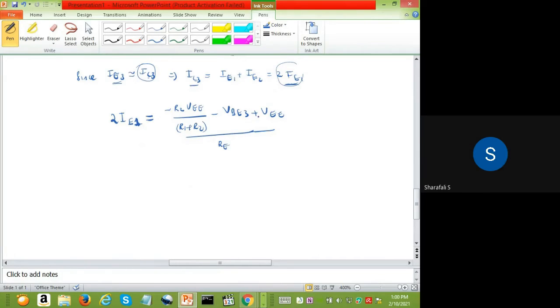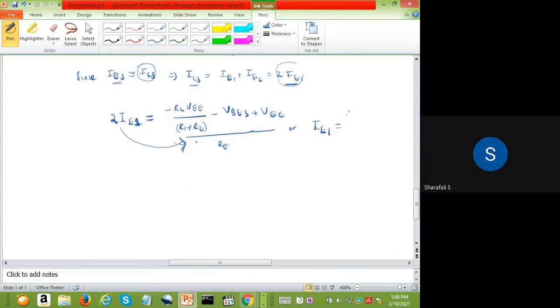Now what will be this IE1? This IE1 I can write, this 2 you take to the denominator.